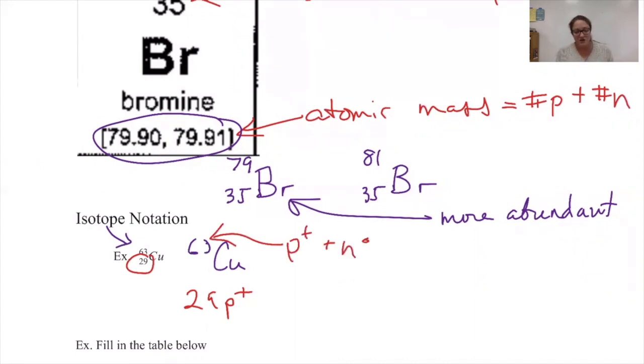So if I were to subtract 29 from 63, I'd get 34, and I would know that this has 34 neutrons. To decide the number of electrons, the number of electrons is the same as the number of protons, unless the atom has a charge on it. And since I didn't write a charge here, we can assume that the atom is uncharged, and it's uncharged because the protons and electrons are the same.